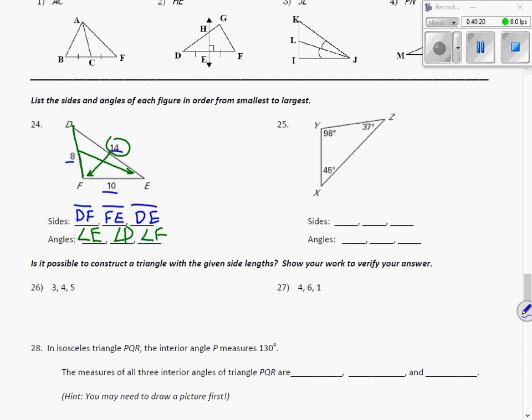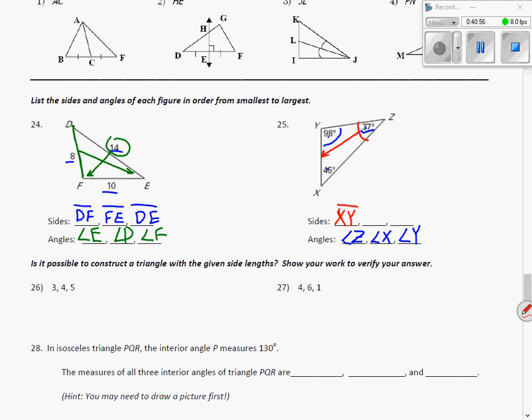Over here, since I'm given the angles, I'm going to go ahead and write those first. Angle Z is the smallest. Angle Y is the biggest. And then 45 is in the middle, so that's angle X. Which means if Z is the smallest, XY is the shortest side.